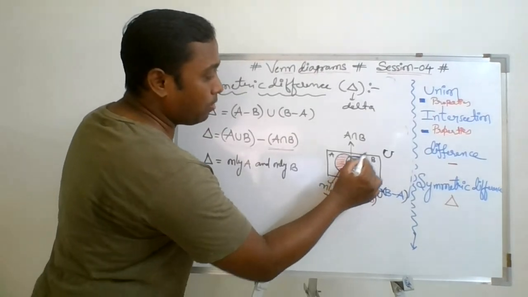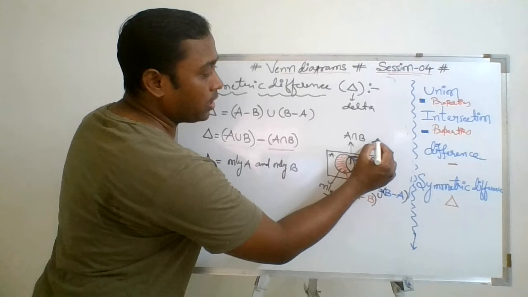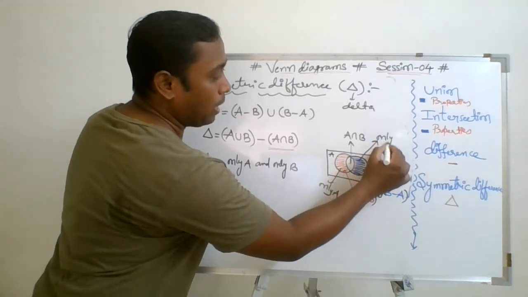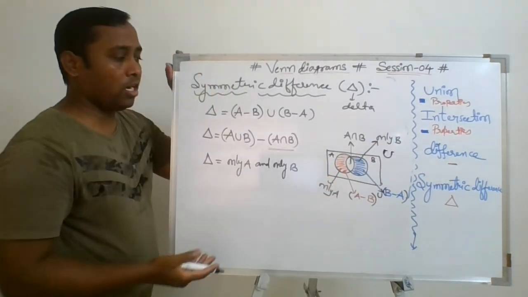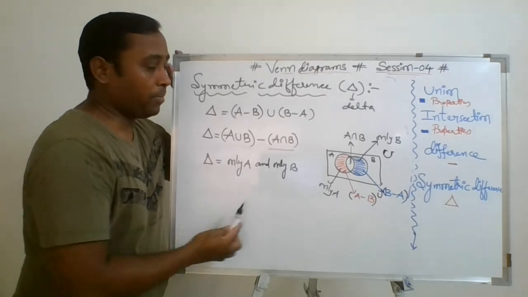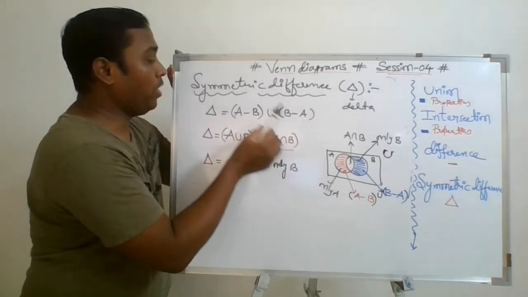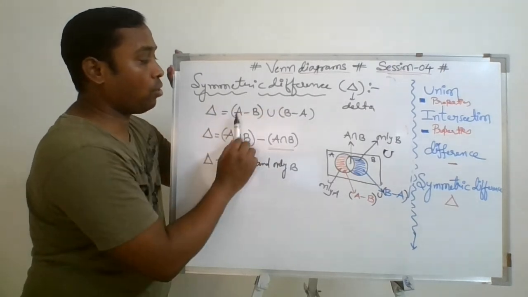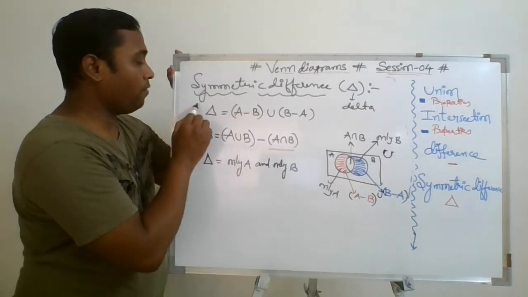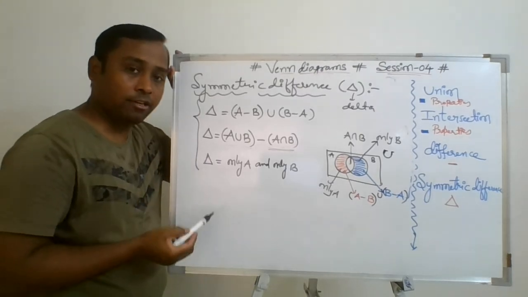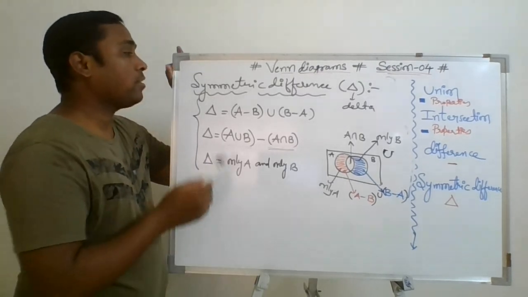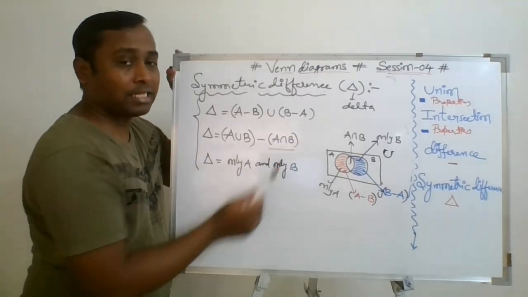Similarly, the blue portion represents only B. So in general language, people also term it as only A union only B gives the symmetric difference of two sets. So there are various ways to represent, various ways to say the symmetric difference denoted by delta.